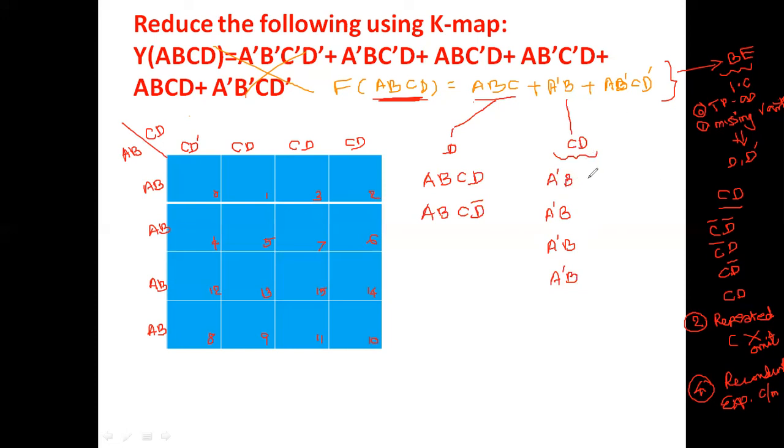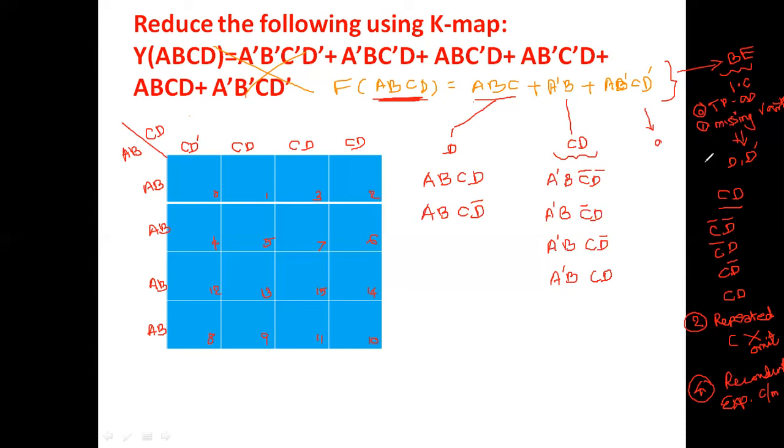Now the C D combinations are the missing variable combinations: C bar D bar, C bar D, C D bar, C D. Here in the last term there is no missing variable, zero variables, so simply leave it. Then what is the next step?